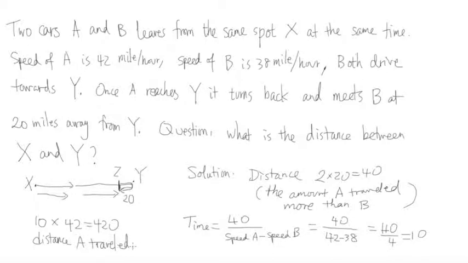But of course, this is not the answer, because the question looks for the distance between X and Y. And what A did is he covered the whole XY and then 20 more miles. So XY is 20 less than 420. So the answer is 400 miles. That's the distance between X and Y.